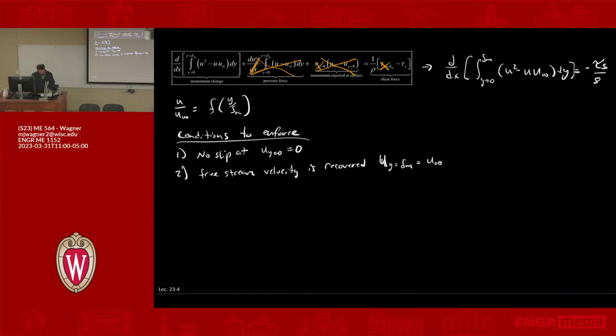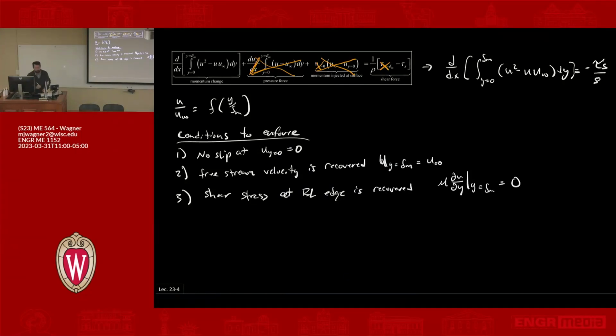Another condition to enforce might be that the shear stress at the boundary layer edge is recovered. That would be saying mu times partial u with respect to y at y equals delta m is equal to 0.